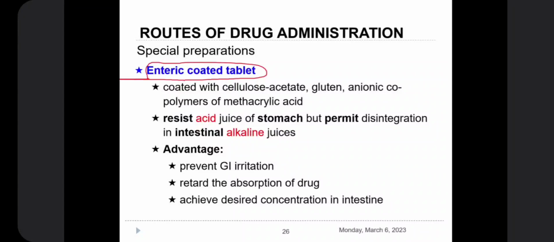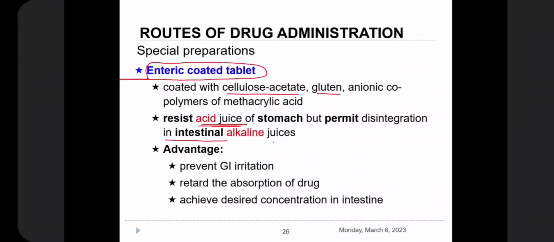We call it enteric coated tablet because around the drug there is a coat, like salicylic acid and gluten, and this material resists the acid juice but permits disintegration in the intestine, dissolving in the alkaline juice. So the drug will dissolve in the intestine, not in the stomach.